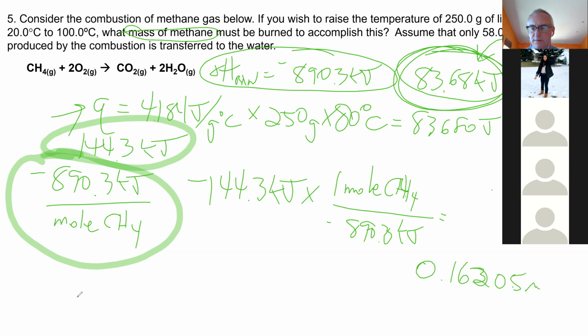Okay, moles CH4. And then you just convert moles of CH4 to grams of CH4.